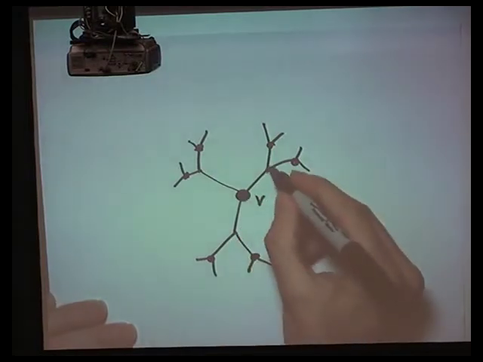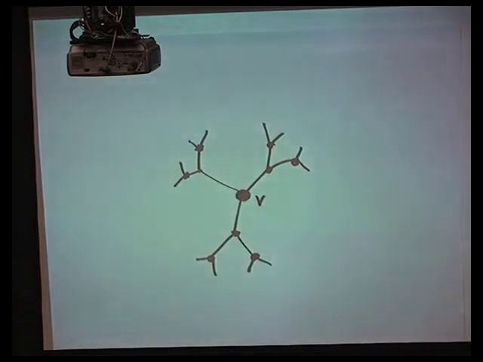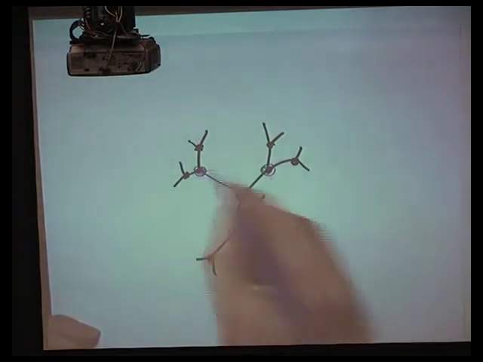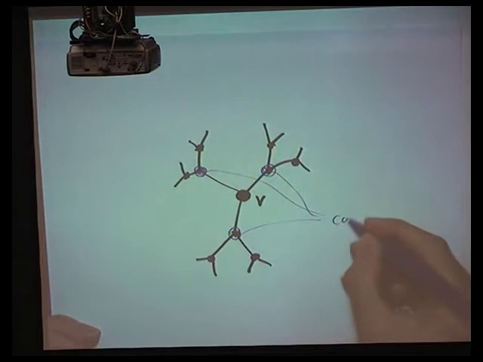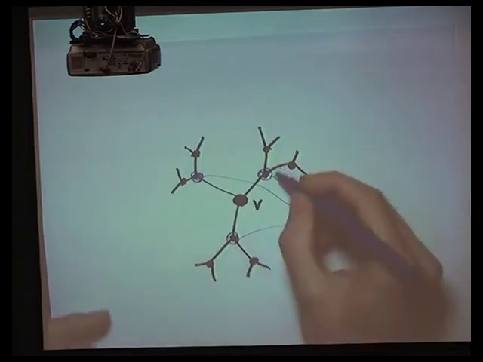So you need to evaluate what the U_n of f does at the distance 1 neighbors. Right, so at this point, and this point, we have to calculate U_n of f. U_n of f does what? It looks at as far out as distance n. So it goes as far as distance n.